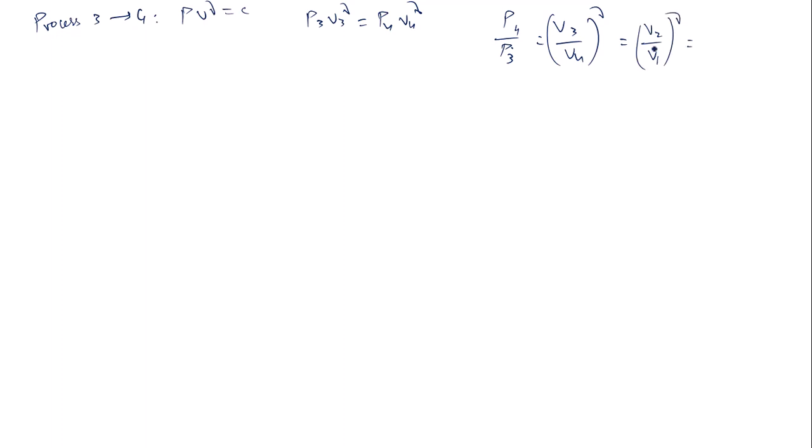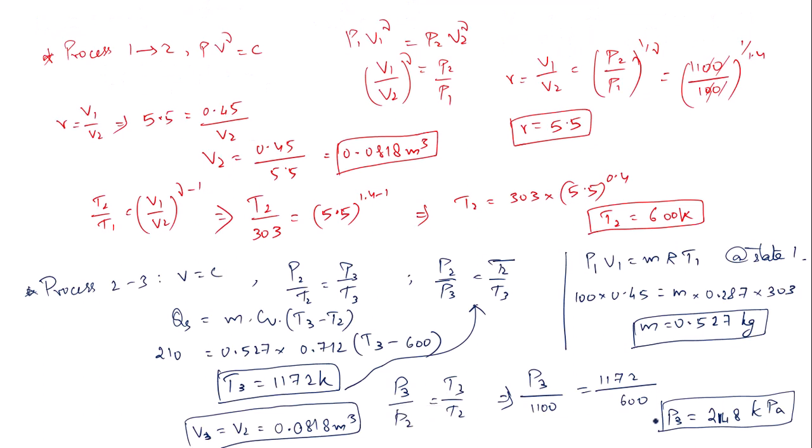We already calculated this value. V1 by V2 is going to be r, and V2 by V1 is going to be 1 by r. So P4 is going to be P3 into 1 by r power gamma. The P3 value we estimated in the previous step is 2148 kilopascal.